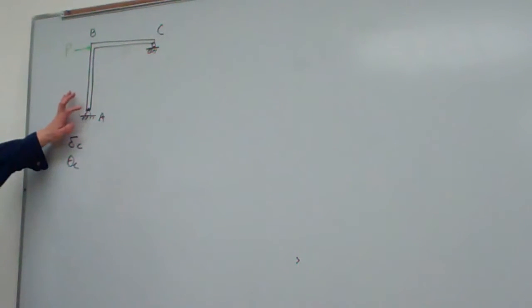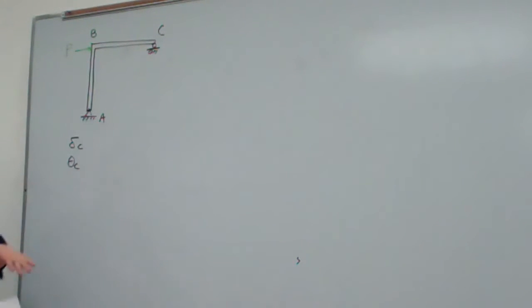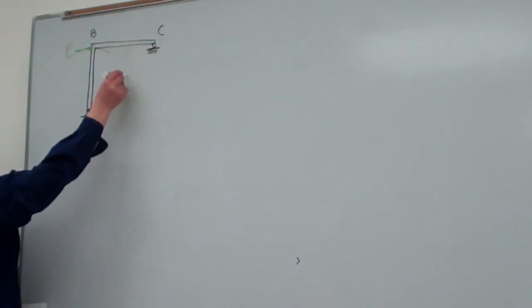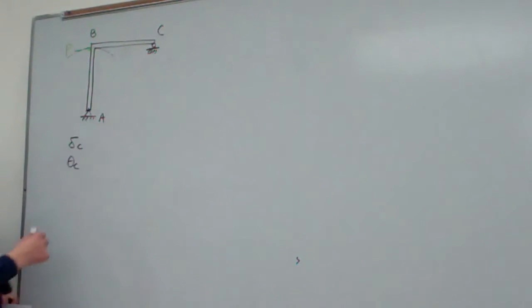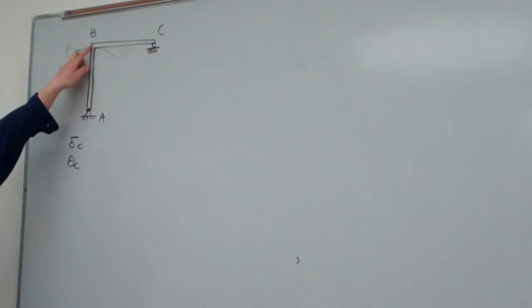Basically, this means we fix everything here in linear displacement, but it's free to rotate. If we go this way, then these things could be moving in this way. If we exaggerate the situation, you can see this point, if we move into here, is going to go down here.